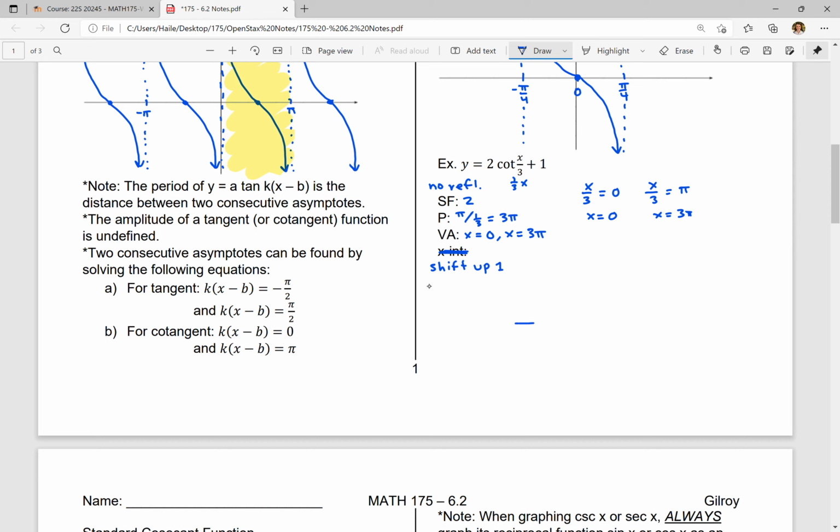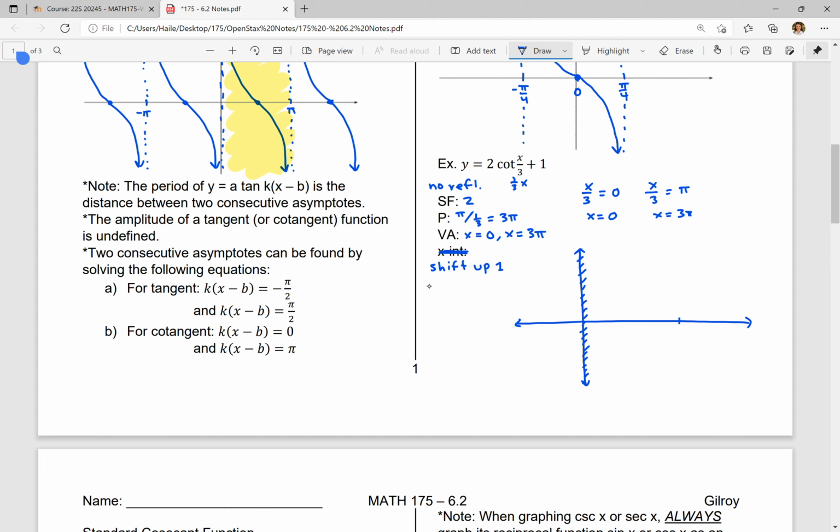So let's draw some axes. We have our x-axis and our y-axis. So for this one, we're going to need to label the y-axis as well. So first I'm going to do my x-axis labels. So I have a vertical asymptote at 0. So to denote that, I'm just going to put some little hashes on the y-axis.